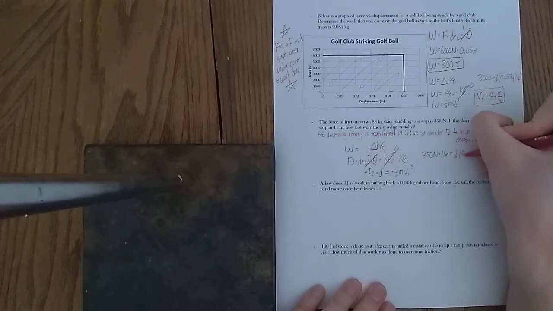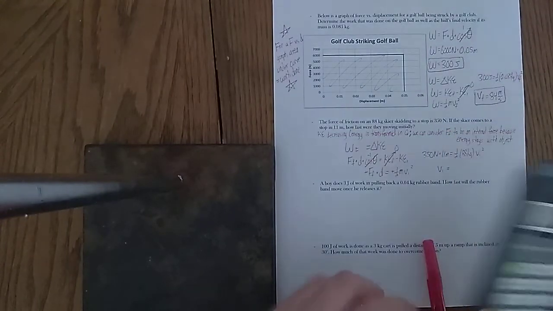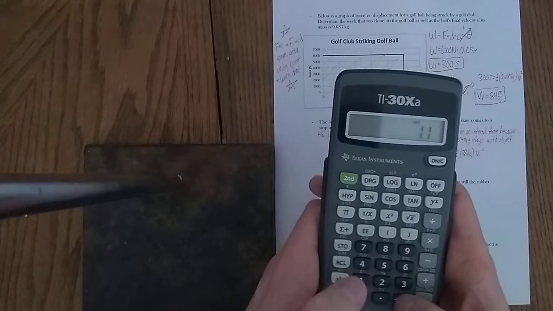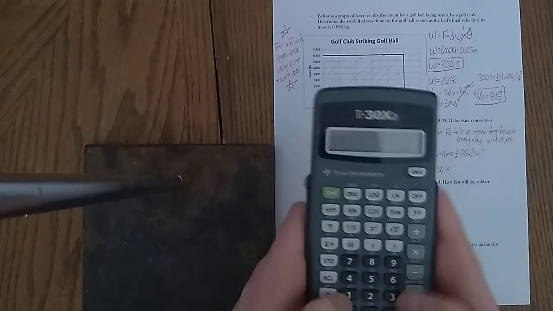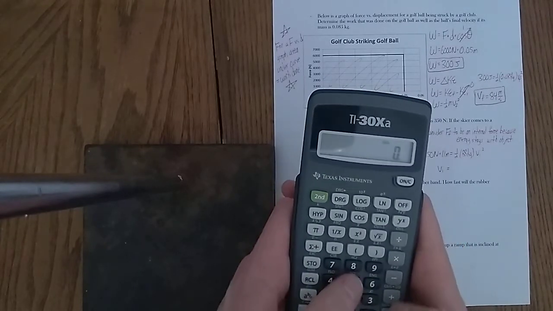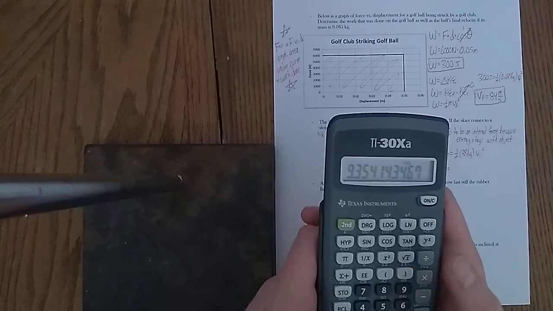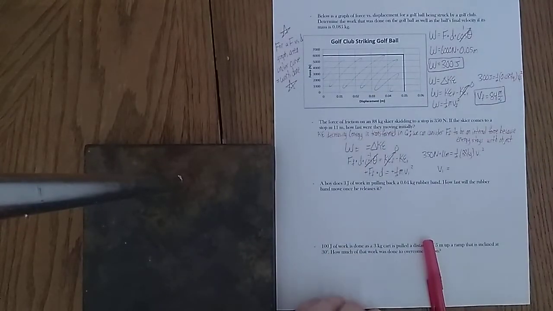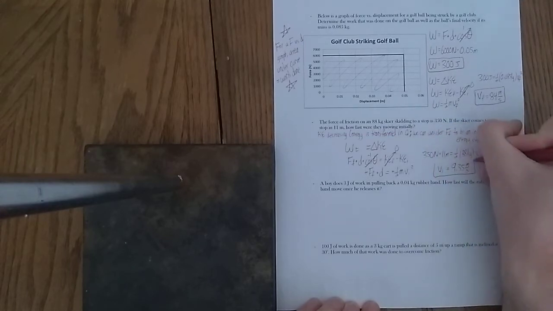Skier's mass is 88 kilograms. We solve for vi. And once we do solve for vi, we see that 350 times 11, divided by 1/2, divided by 88, take the square root, we see that the skier was moving at a rate of 9.35 meters per second initially.